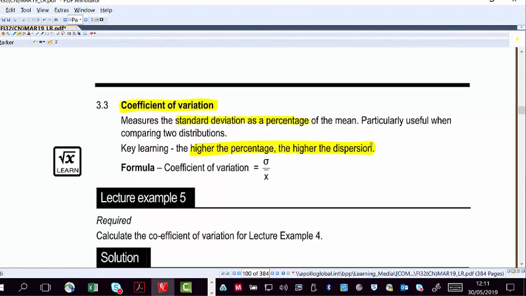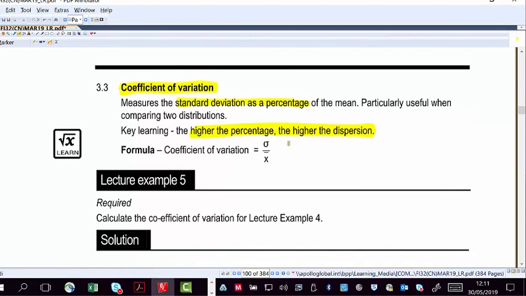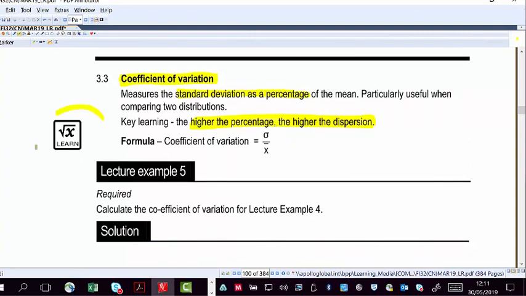So in other words, if we have a low coefficient of variation, it means that the majority of data is close to the mean. So let's do the calculation using, again, the information on the mileage that we've been carrying forward from lecture example 1. Now this time you don't get the formula in the exam, so this is one that you do have to learn. You can either learn it as a formula or understand what it means.